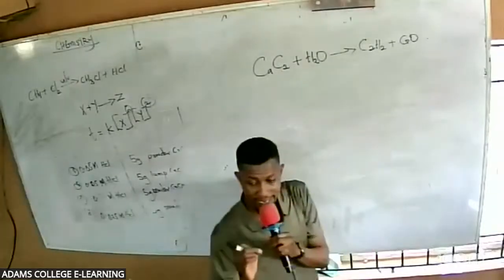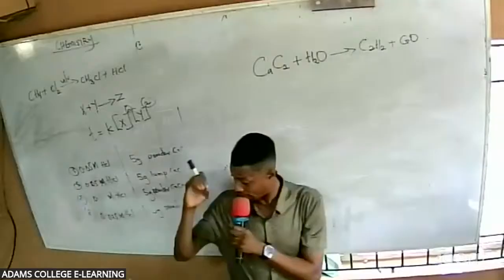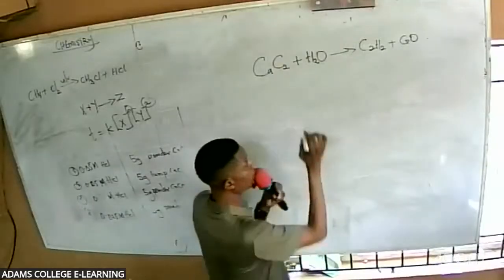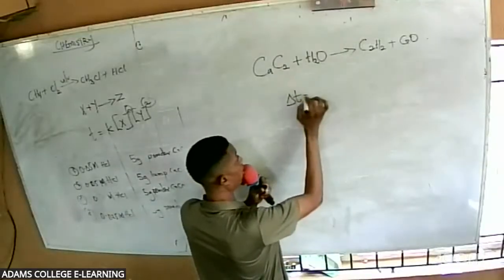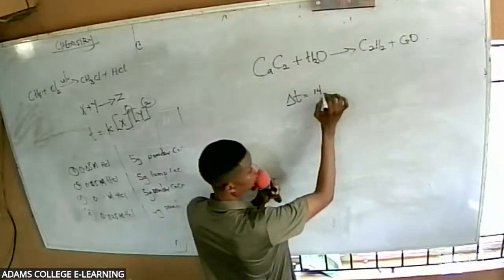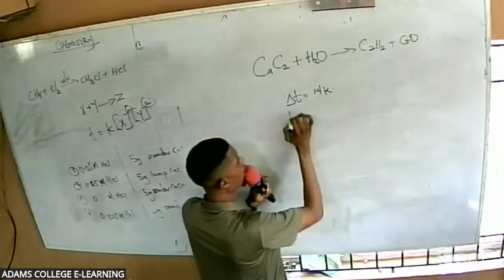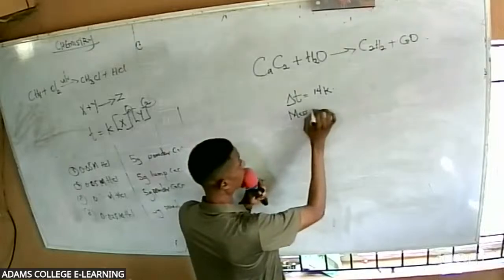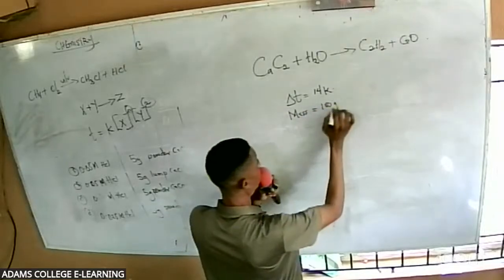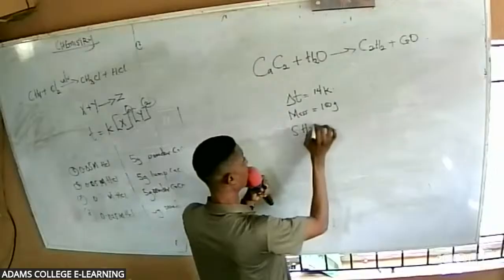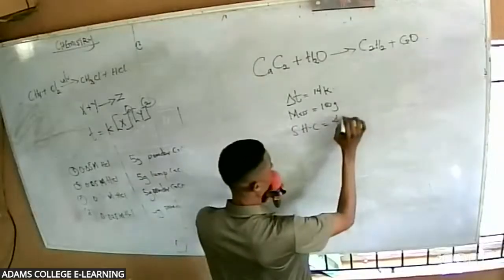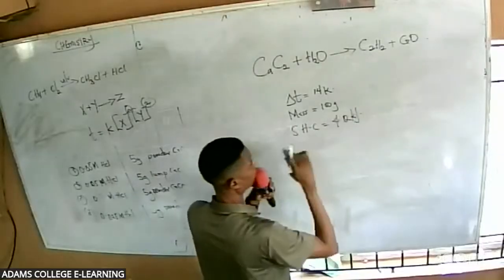But we are given that it increased the temperature of water by 14 Kelvin. The mass of the water is 100 gram. The specific heat capacity of water is 4.2 kilojoules, right?